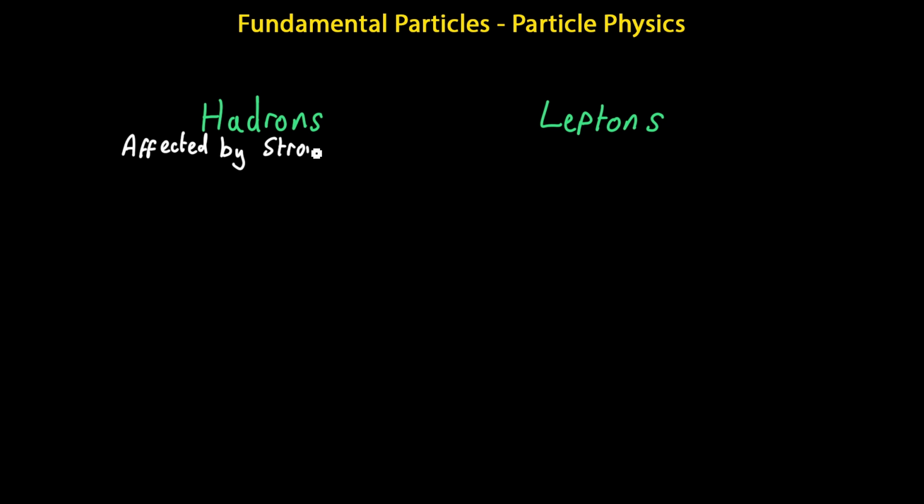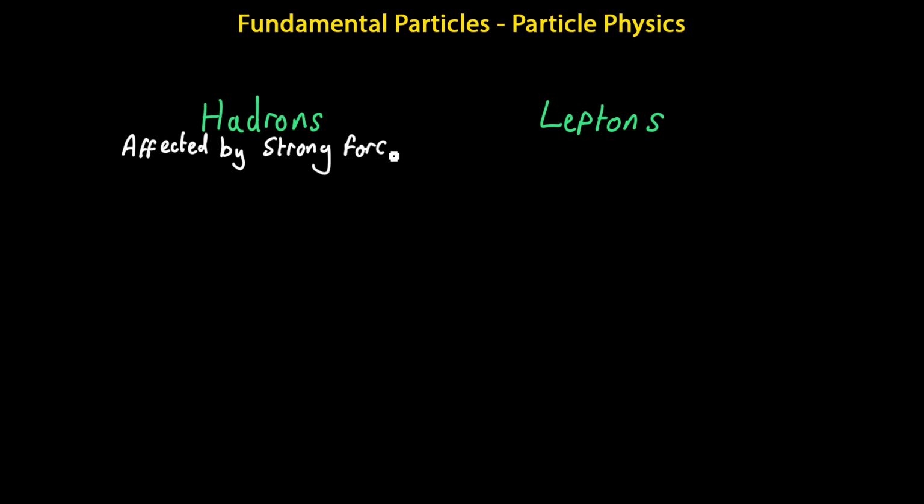The numerous types of subatomic particles that make up our universe can be broken into two main categories, depending on the particle's properties. Any particle affected by the strong force is considered a hadron.